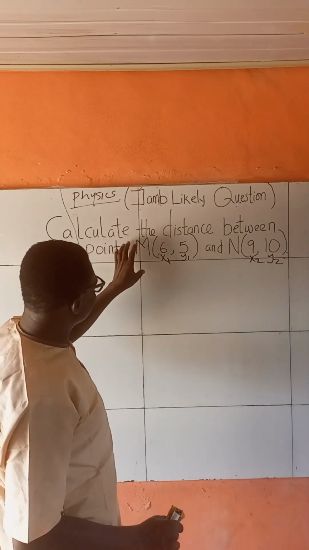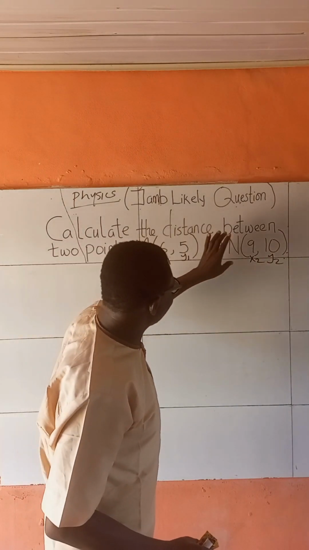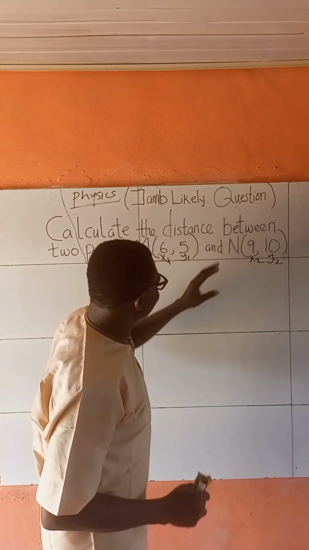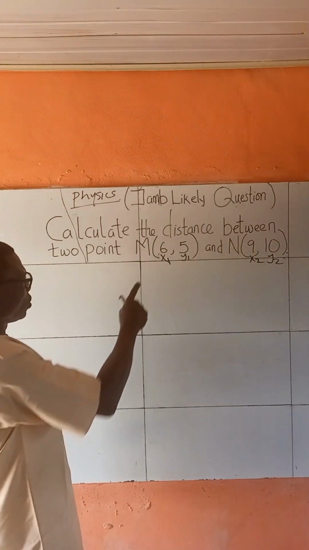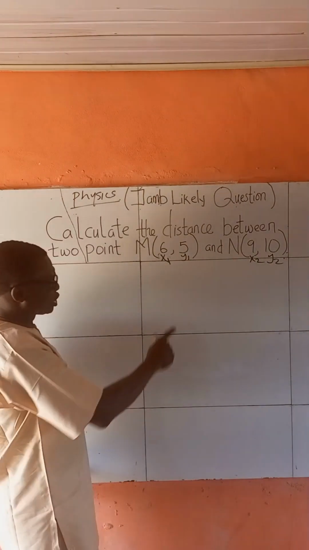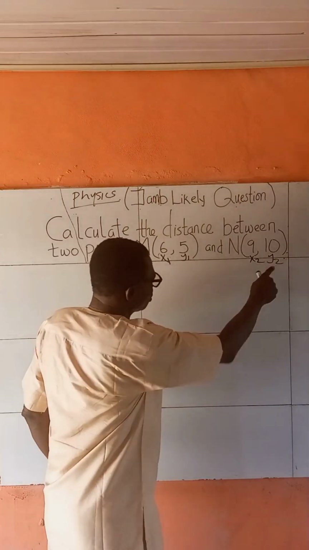Now we want to calculate the distance between M and N, or the displacement between M and N. I told you before that this is x1 and this is x2. This is y1 and this is y2.